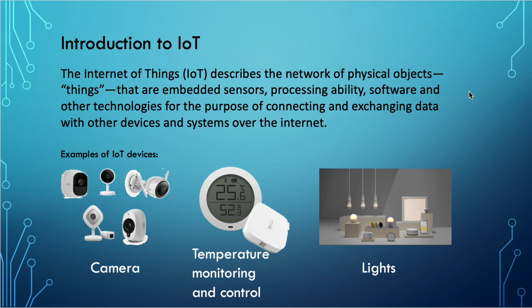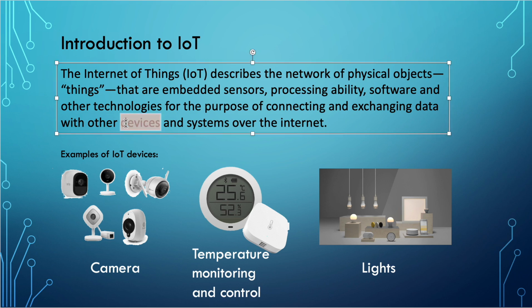So the definition would be a network of physical objects, right? You can give examples. Connecting and exchanging data with other devices, right? Physical objects with other devices, which are also physical objects, and systems over the internet.